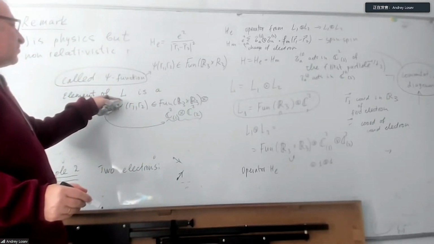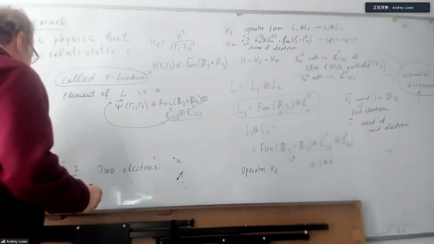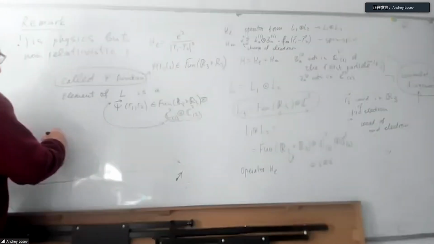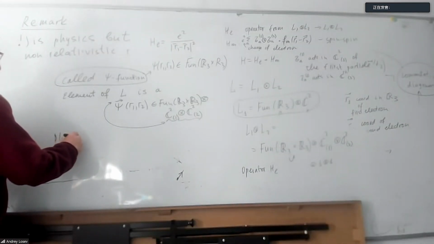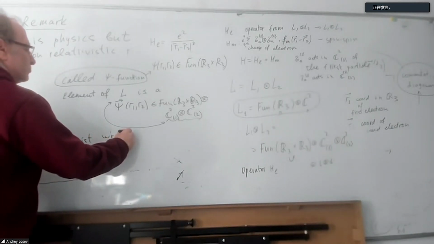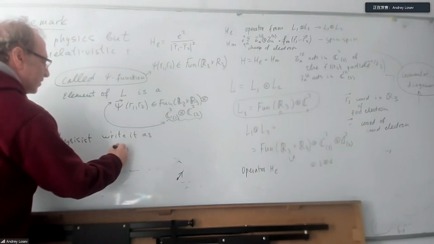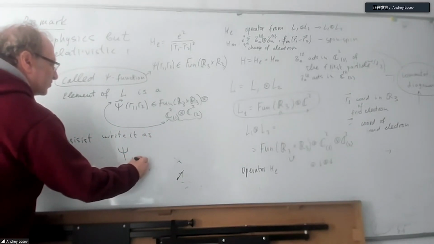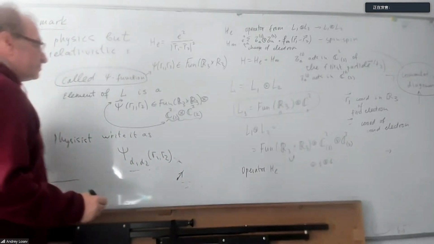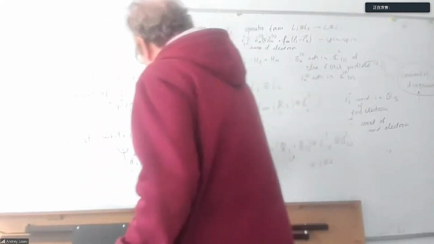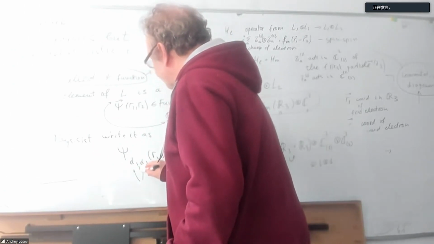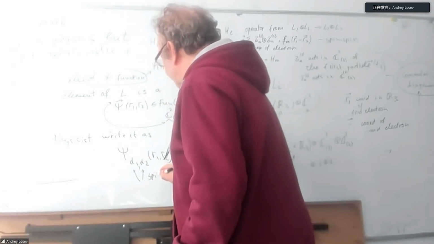This is the explanation of the vector that I put here. Physicists write it as psi alpha 1, alpha 2, R1, R2. These are called spinor indices.